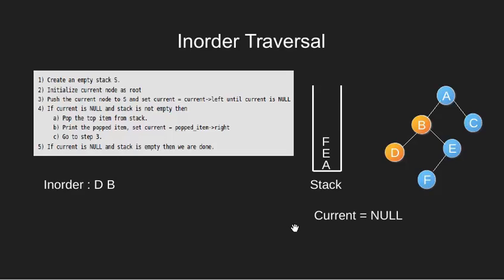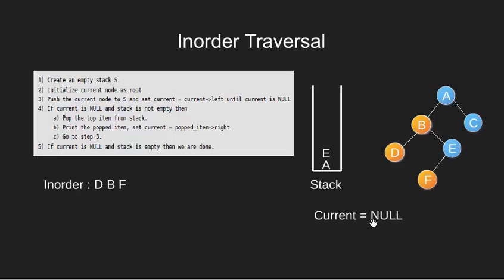Now since current is null, we go to step 4. Current is null and the stack is not empty. We therefore pop the top of the stack and print it. We print F. Now make current point to the right of F, which is null.